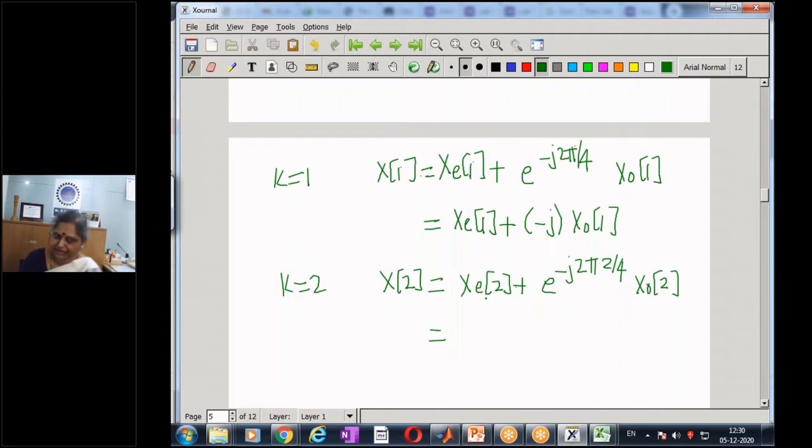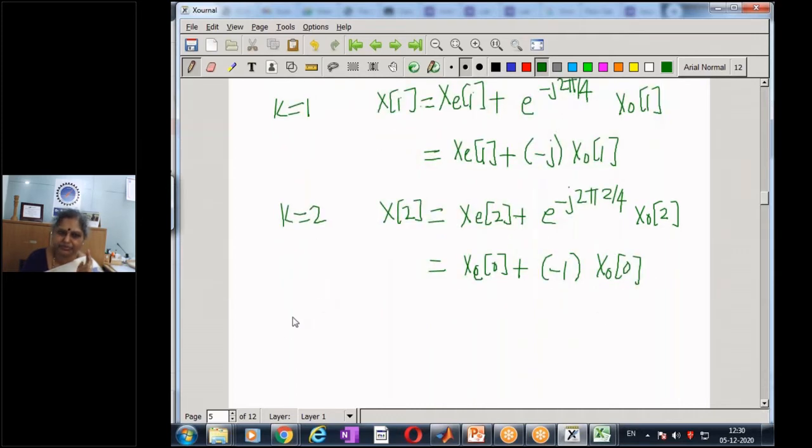We know it's a 2-point DFT because you have taken n equal to 4 and it is periodic with period 2. So xe of 2 is same as xe of 0 plus e power minus j pi 4 by 4. So e power minus j pi is a minus 1. And once again, x0 of 2 is also same as x0 of 0 because it's a 2-point DFT in this case, and then it is periodic with period 2.